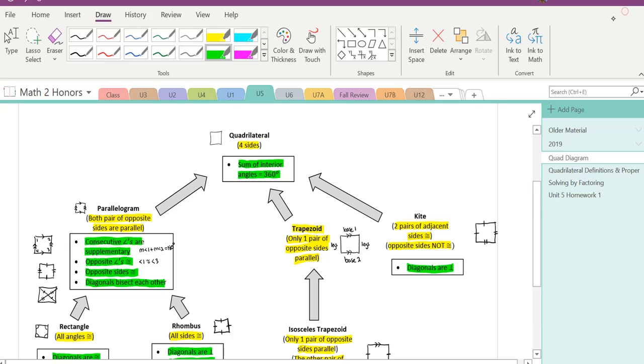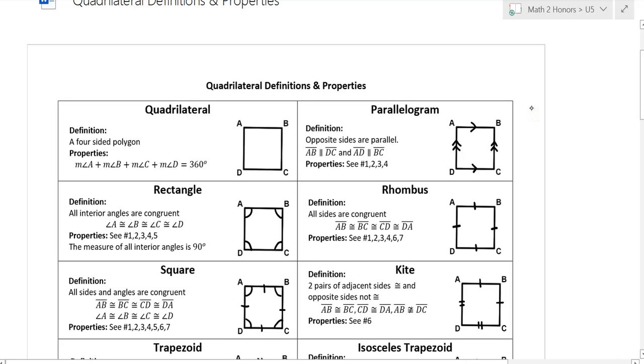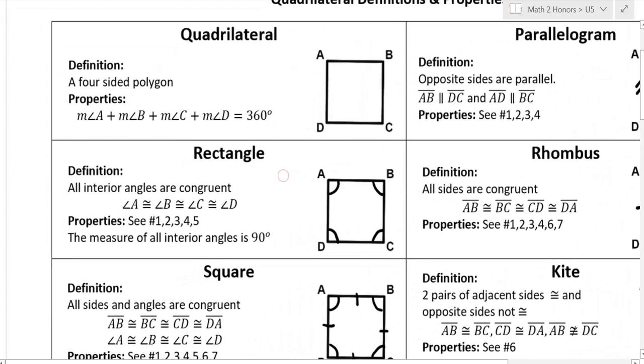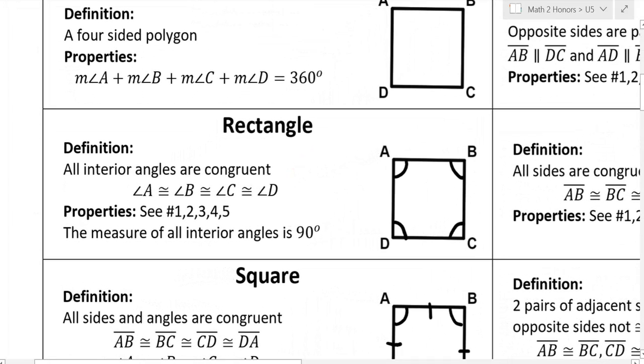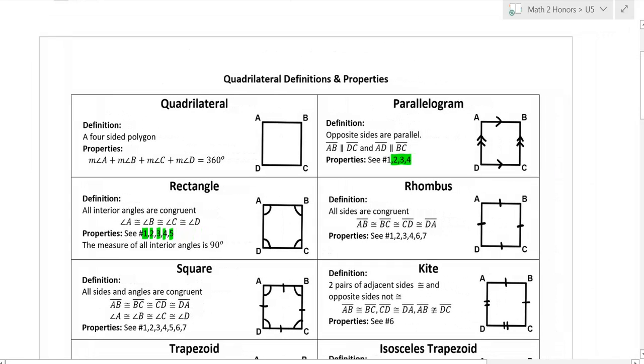Whereas if you were looking at this page trying to study the rectangle, it would appear that you have to memorize 5 different things, and you don't, because 4 of those came from the parallelogram, right? So understanding these relationships can be very helpful to you.